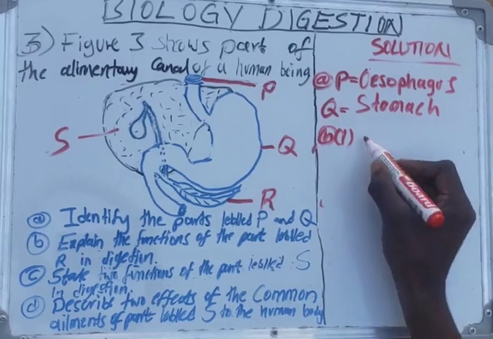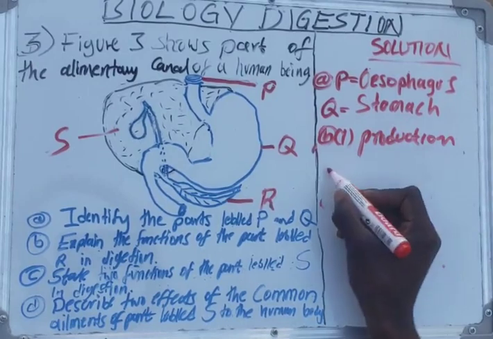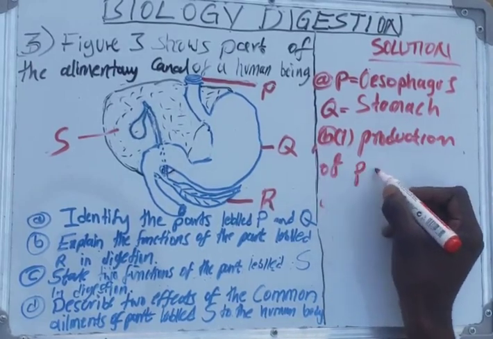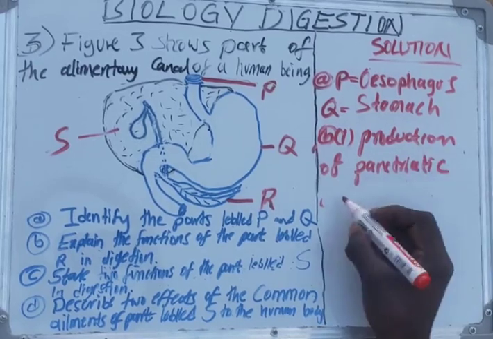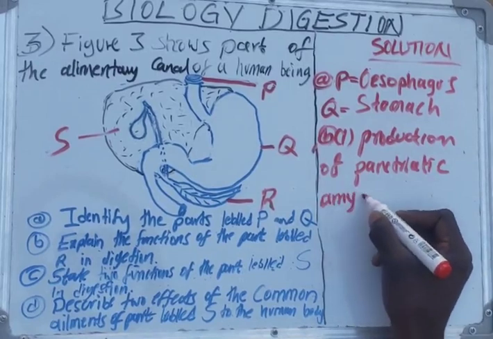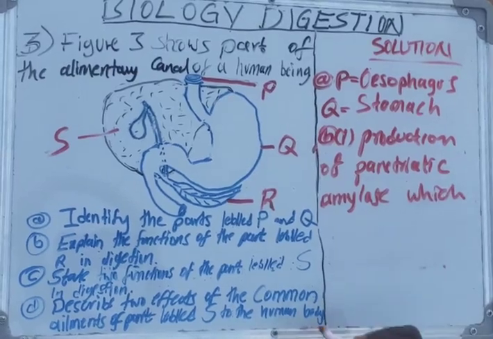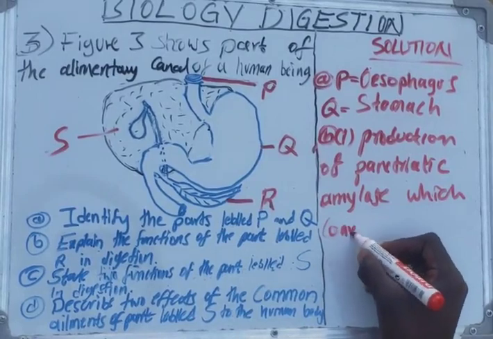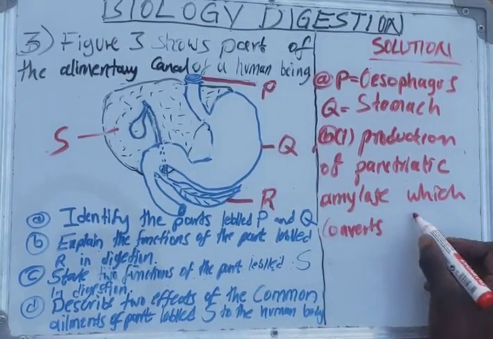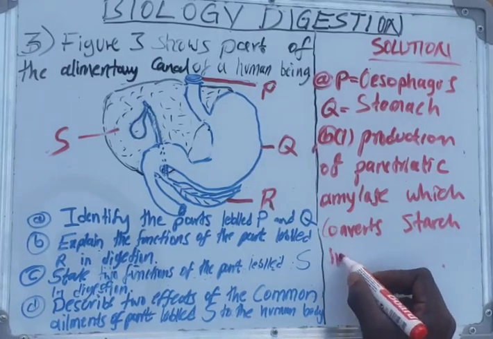So the first function is production of pancreatic amylase, which converts starch into maltose.